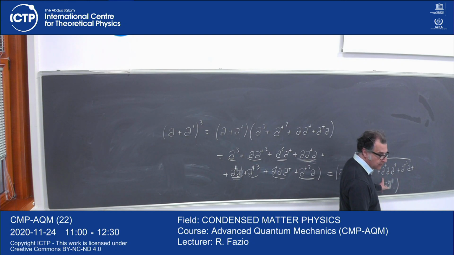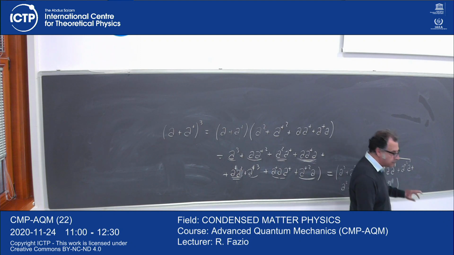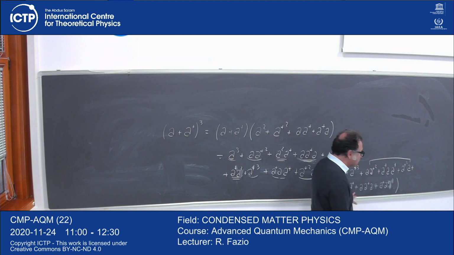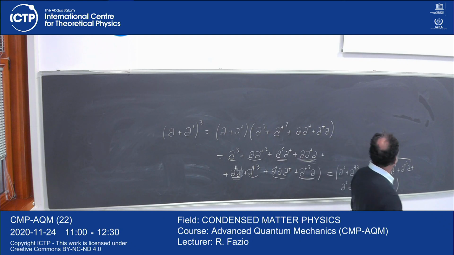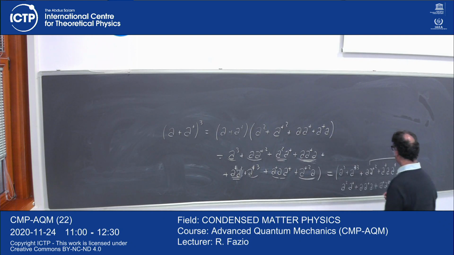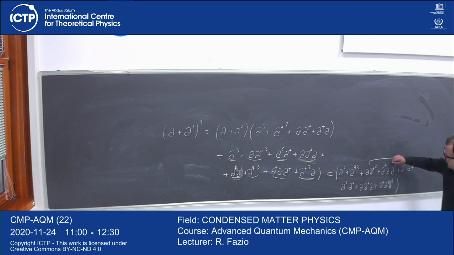Do you see it? Here, these three terms have 2 daggers and 1 A, while the other terms are the opposite: 2 A's and 1 A dagger. Yes. Okay?